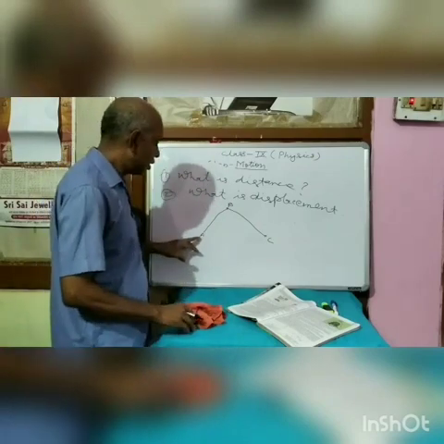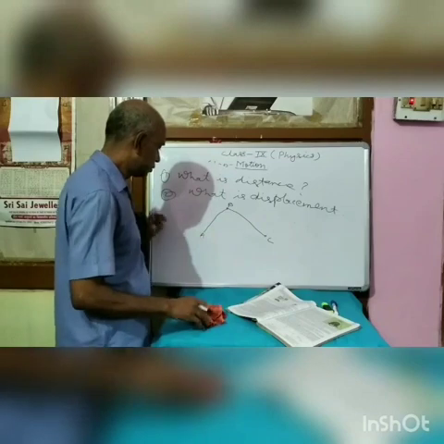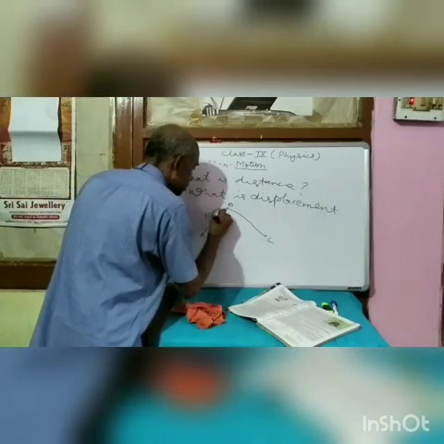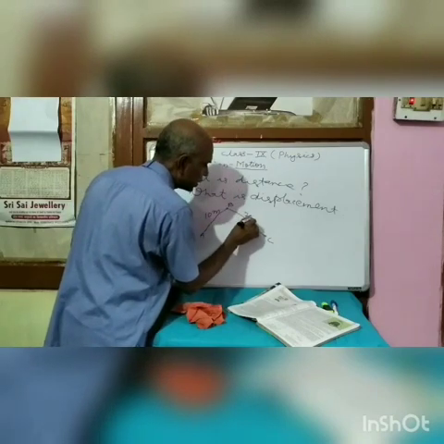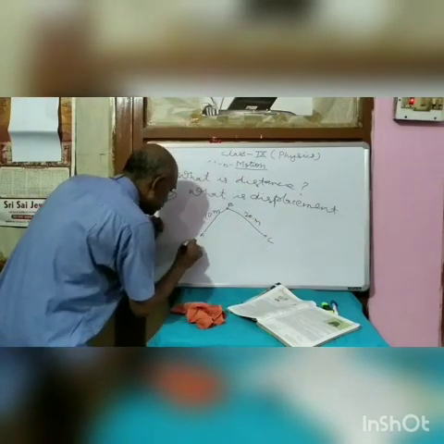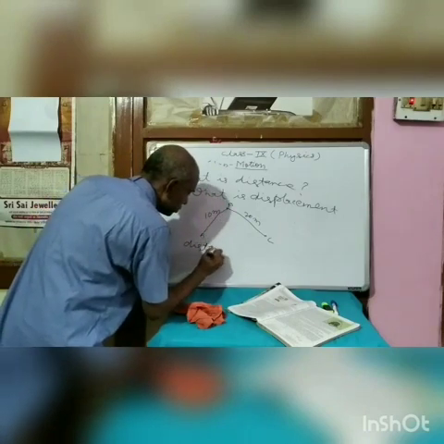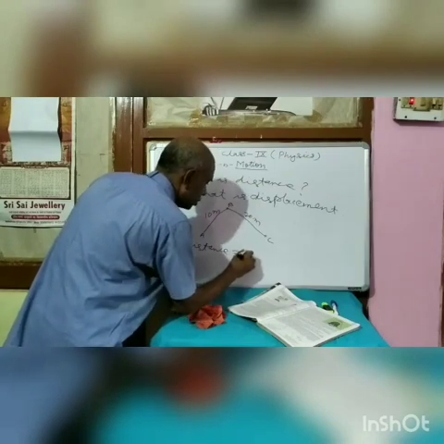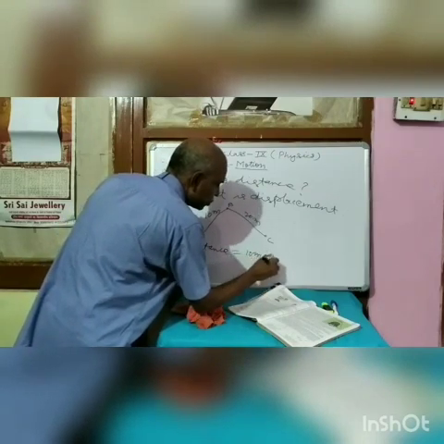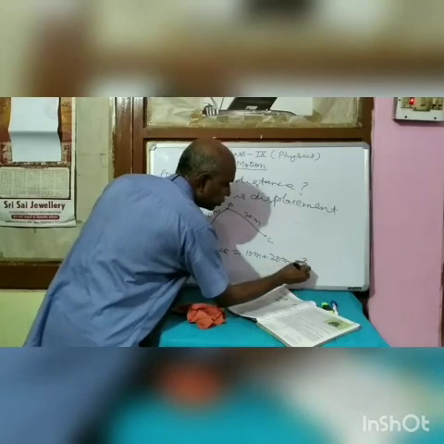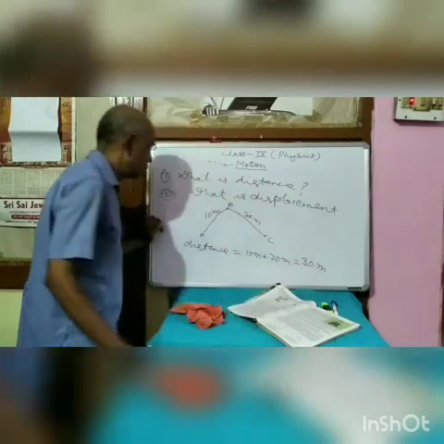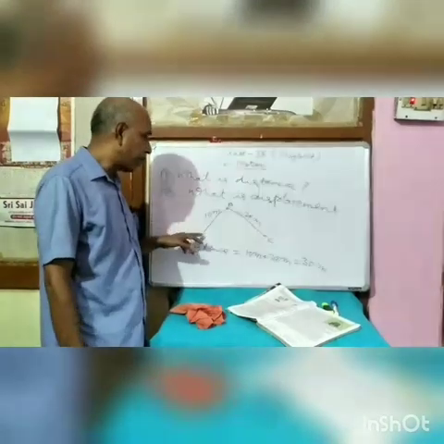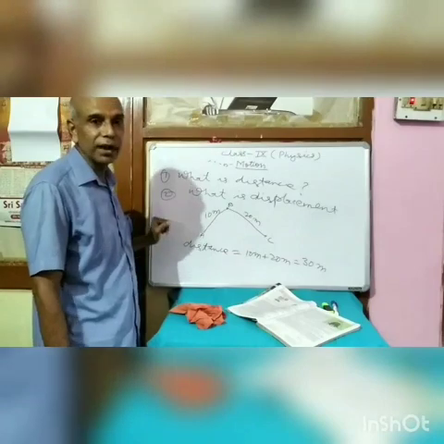Distance is the actual length of the path. If AB is 10 meter and BC is 20 meter, then distance is equal to 10 meter plus 20 meter, which is equal to 30 meter. Distance is the actual length of the path of a moving object.